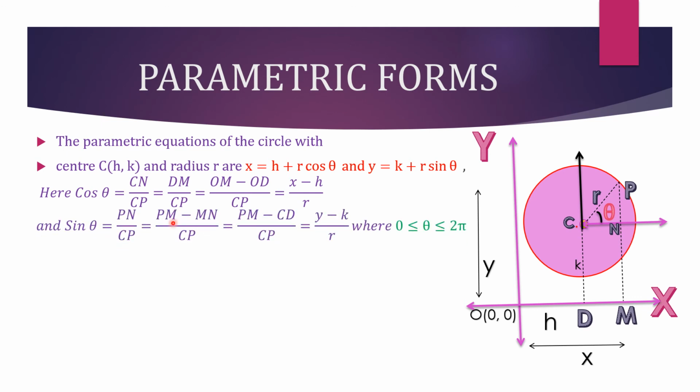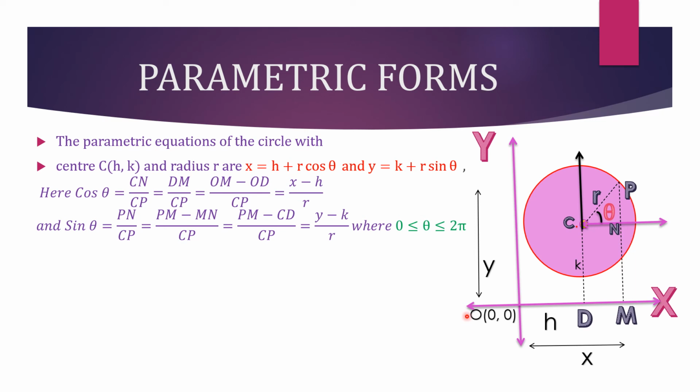sin theta equals, in this diagram, using the trigonometric ratio, opposite side by hypotenuse. So that is PN by CP. Here also PN will be converted into the difference PM minus MN.